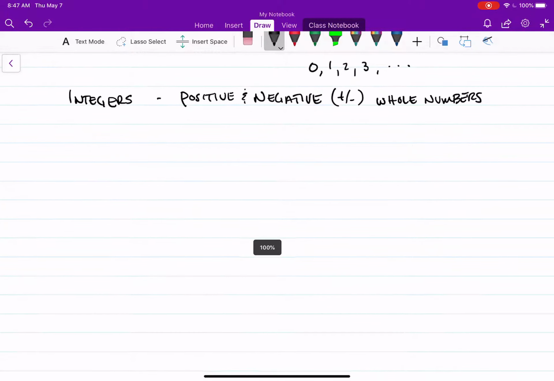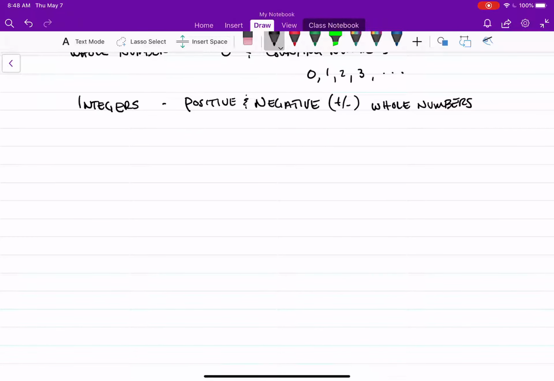So we have to include a negative side. So we're going to say dot, dot, dot, coming from the left side, -3, -2, -1, 0, 1, 2, 3, dot, dot, dot. Okay? So those are considered integers, all right? And obviously that's the way you would draw your number lines, using integers. So we'll come back to that as well.